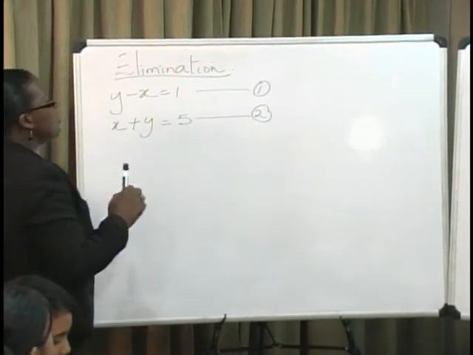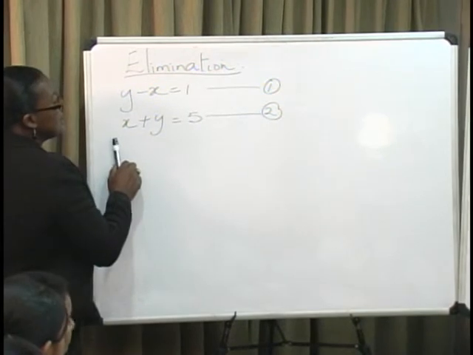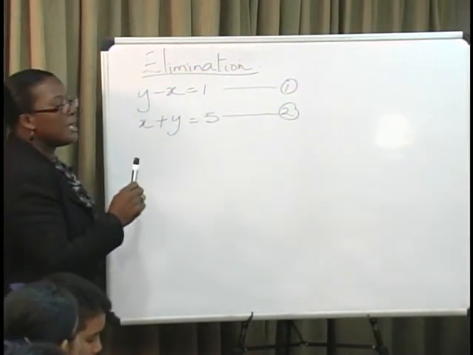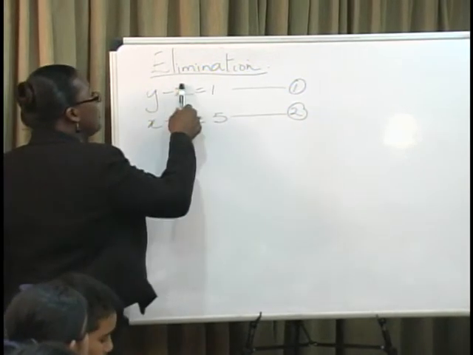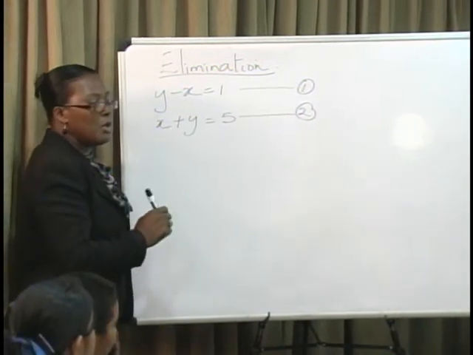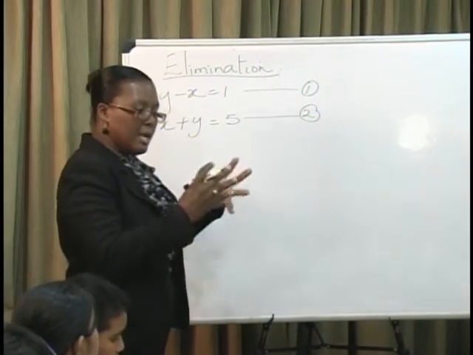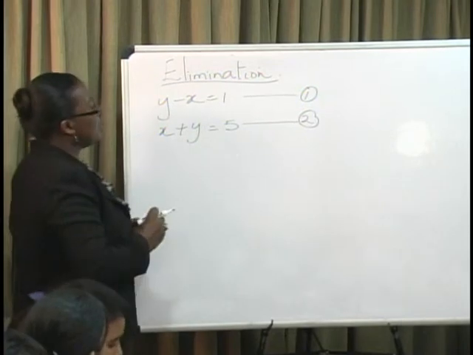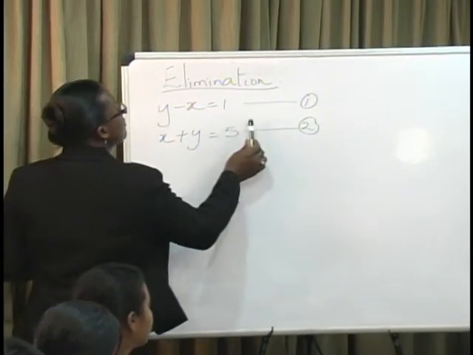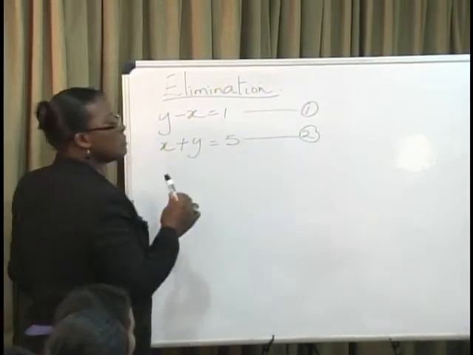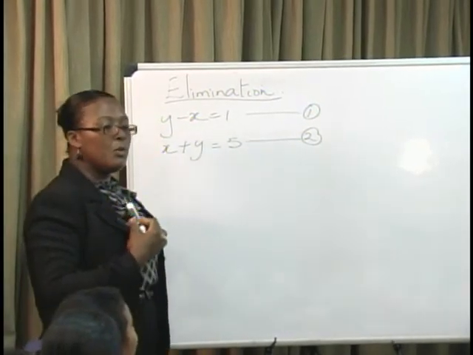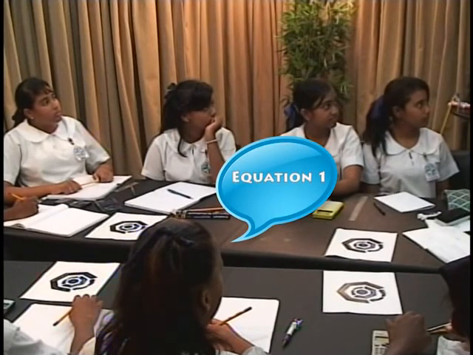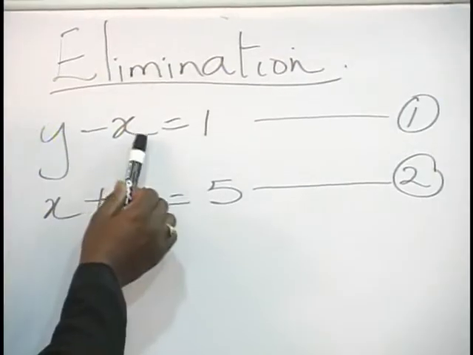Now what I need us to do is to rewrite either equation 1 or 2 in such a way that we line up or put in order the variables. We want the y's together and the x's together. Either the x's take the first position or they take the second position. Now which one do you want us to rewrite? Equation 1 or equation 2? Equation 1.